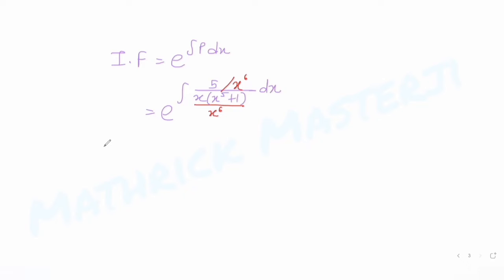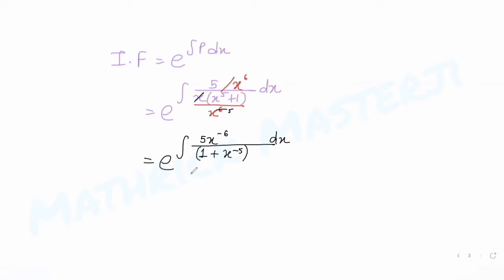If I divide both numerator and denominator by x to the power 6, it makes it 5 x to the power minus 6 divided by, you cancel one x, so you get x to the power 5 divided by x to the power 5, which is 1, plus 1 divided by x to the power 6, which is x to the power minus 5, dx.